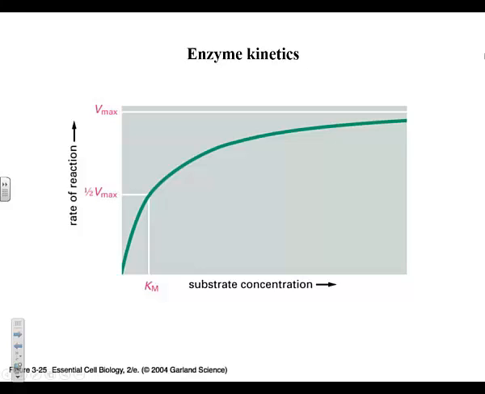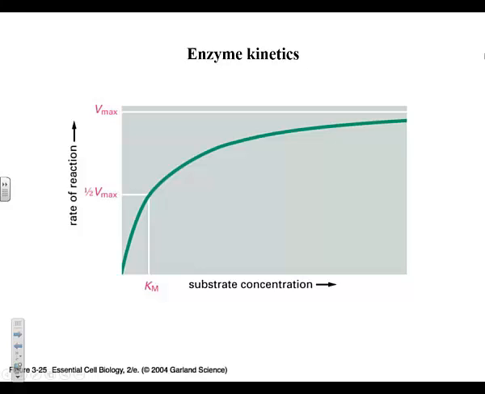Whereas if there's 100 people and 100 carts, then that's fine. They can go at their usual rate and rapidly do their shopping. So this is how we measure how good or effective an enzyme is, and we can do this in the lab. We're going to do some similar reactions when we do the Hill reaction in lab.